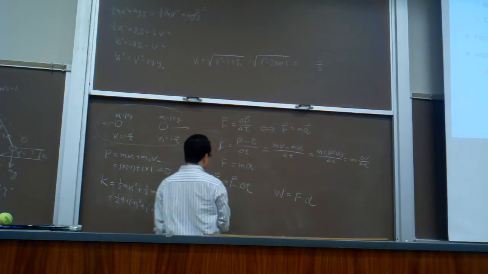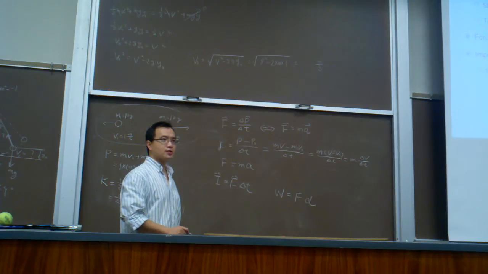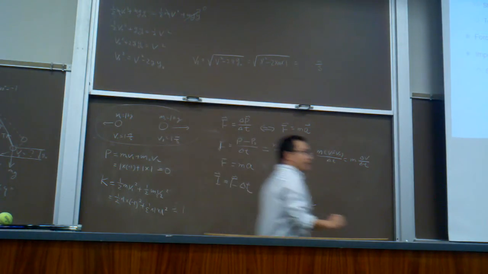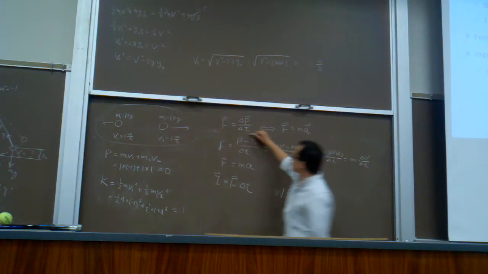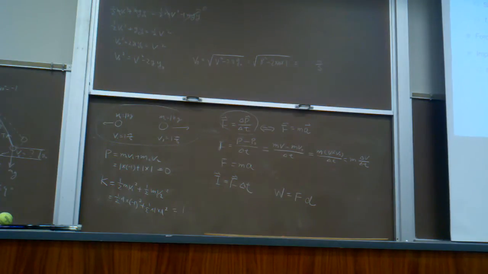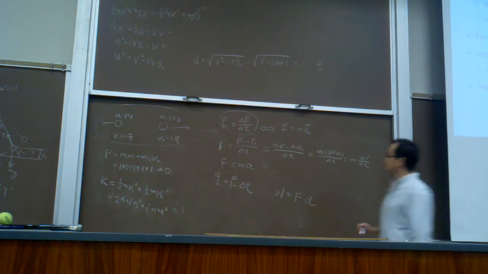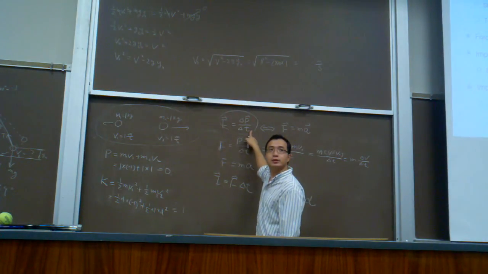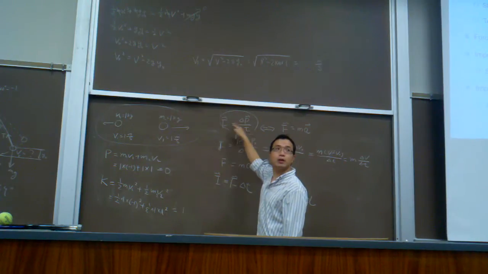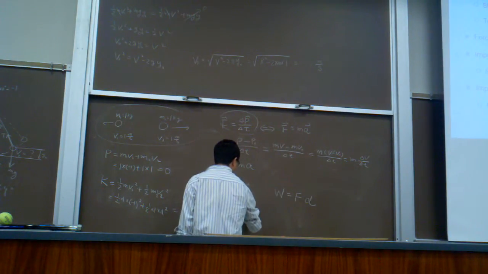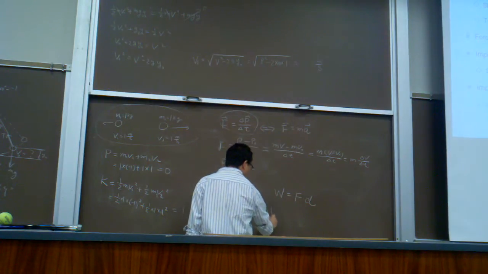Another thing to consider while we introduce the impulse is that we can rewrite this equation to get the so-called impulse-momentum theorem. From this equation, if you multiply delta t to both sides, you get F delta t equals delta p.